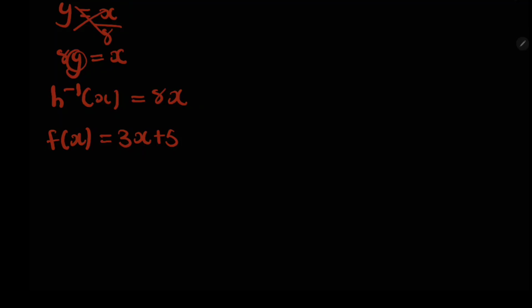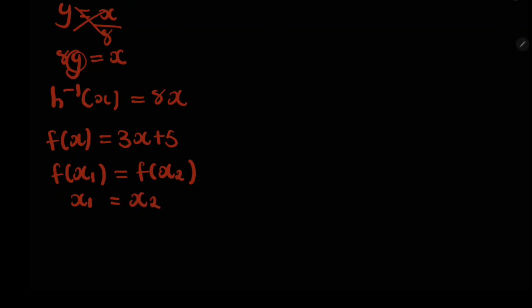Remember, a one-to-one function is an injective function. So we are going to have f of x1 equal to f of x2, which is the same as x1 equal to x2.